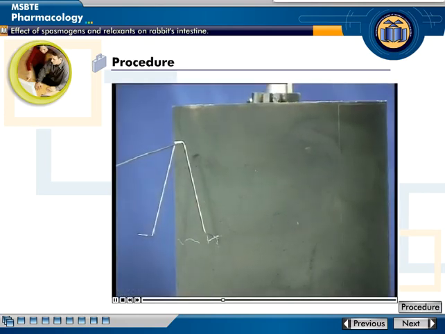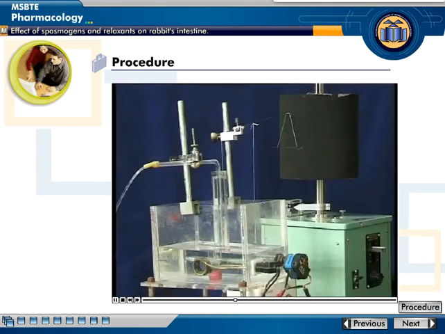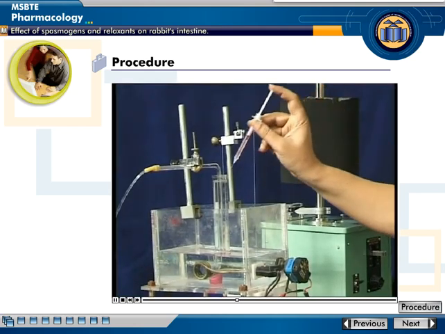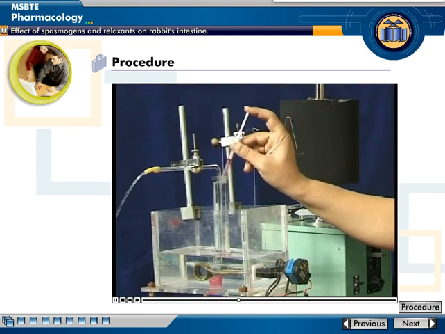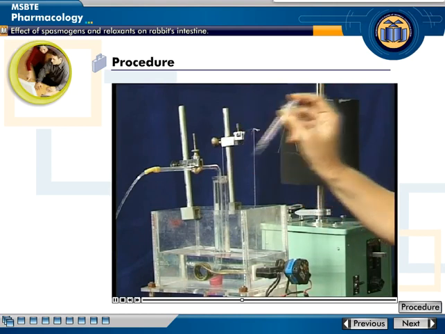You will observe the intestine shows pendular rhythmic movements under normal conditions, evident from the pattern of tracings. Now inject 0.1 ml of stock solution of acetylcholine in the reservoir.